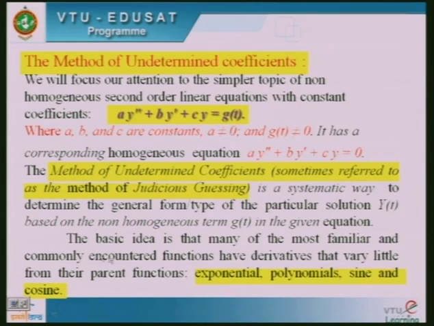The basic idea is that many of the most familiar and commonly encountered functions have derivatives that vary little from their parent functions. Parent function means g of t. It may contain an exponential function, or it may be of the type polynomials, or sine and cosine.